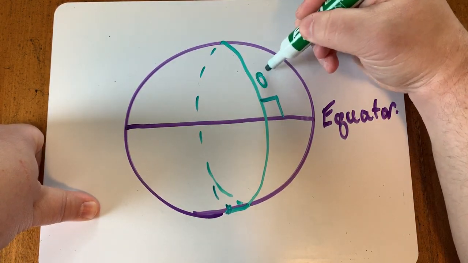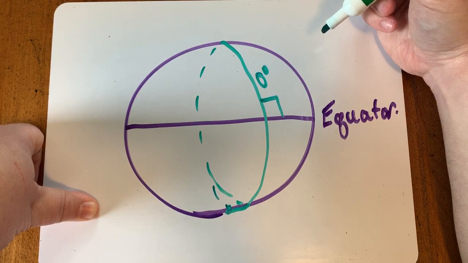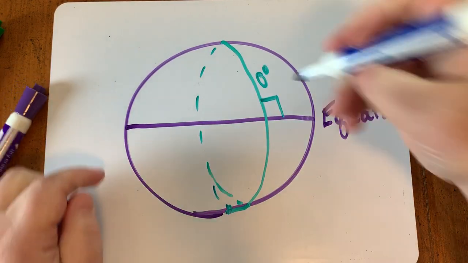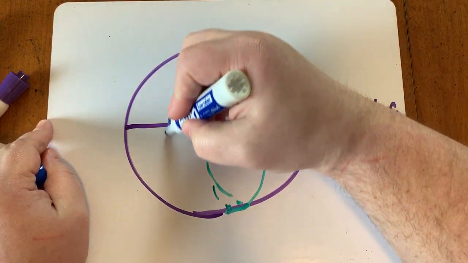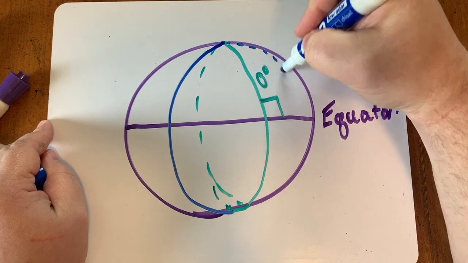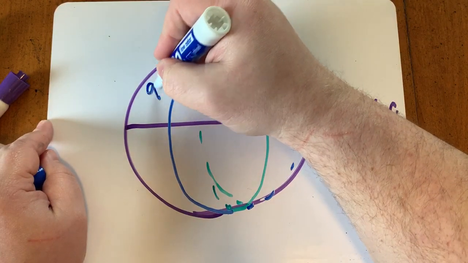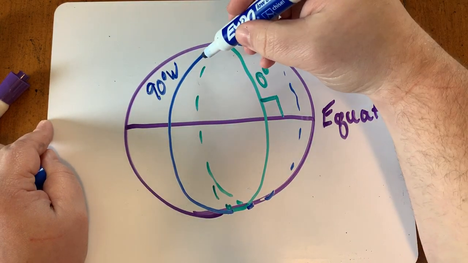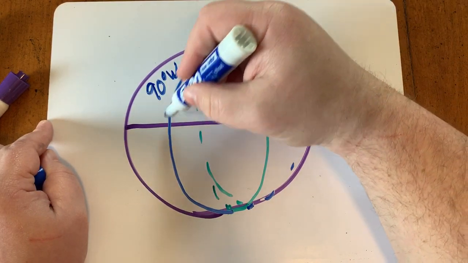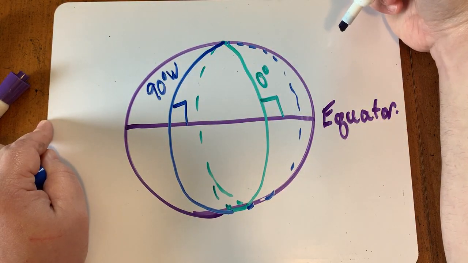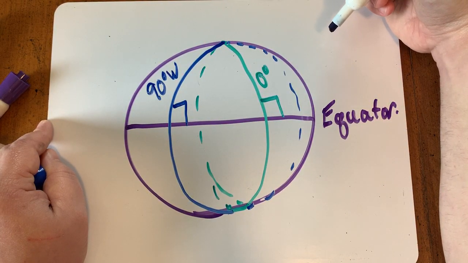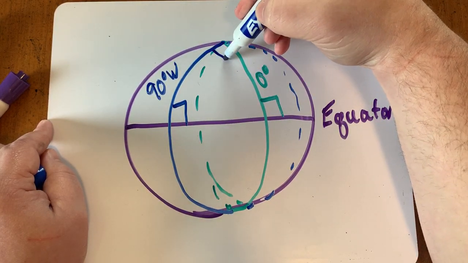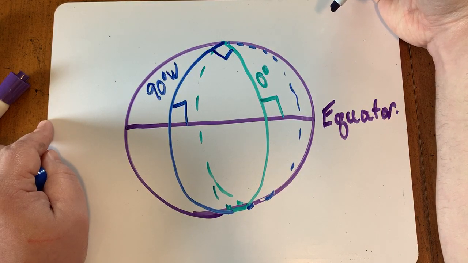So let's say this was our prime meridian. And let's say we also had the circle that was 90 degrees west. This longitude is also perpendicular. But then if this is 0 and that's 90, these longitudes are perpendicular to each other as well.